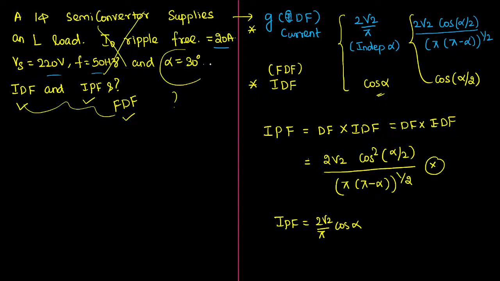The firing angle alone is sufficient, along with the type of converter, whether semiconverter or full converter. If you substitute the firing angle, you will get the answer for all, but you just have to keep these things in your mind. I hope you all got what I am trying to convey here. Fine sir. Chalo, let us go ahead with the next question.